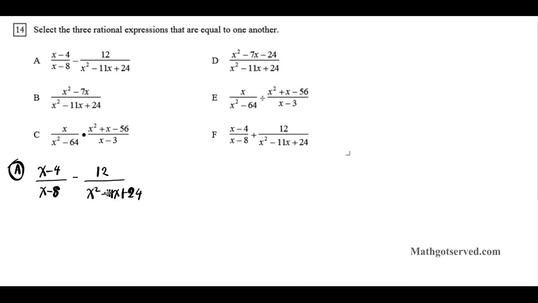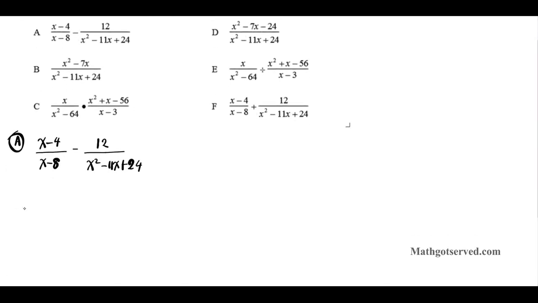So what we're going to do is factor this so that we can find the LCD of these two denominators, all right? So let's go ahead and factor x squared minus 11x plus 24. All right, so we're going to use the x game to factor this.